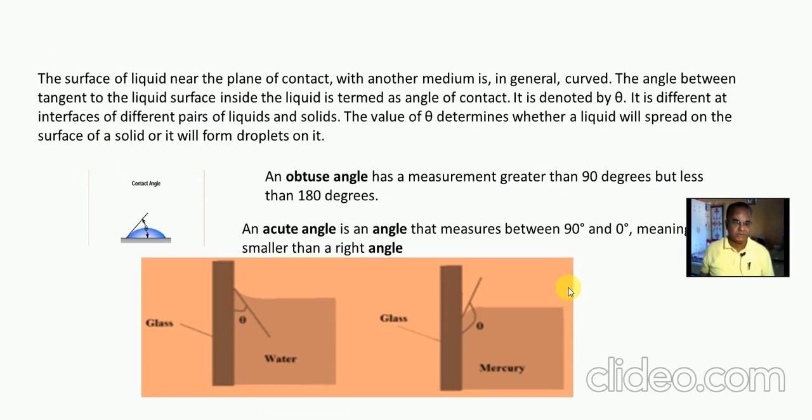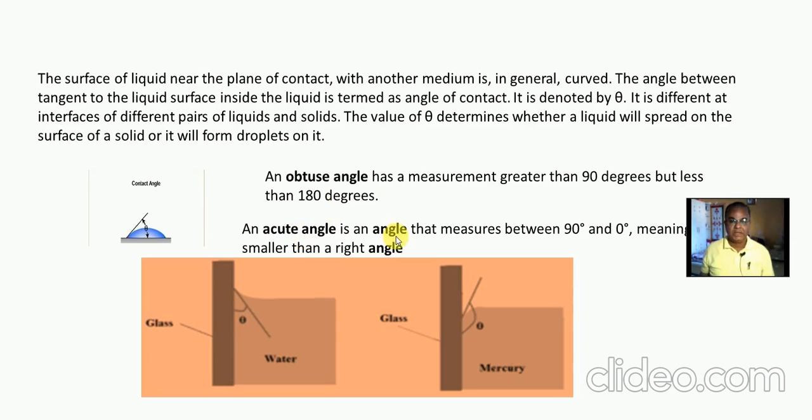The angle of contact is of two types: one is known as the obtuse angle and the other as the acute angle. What is the difference between these two? That can be shown using these diagrams, one for water and one for mercury. An obtuse angle has a measurement greater than 90 degrees but less than 180 degrees.